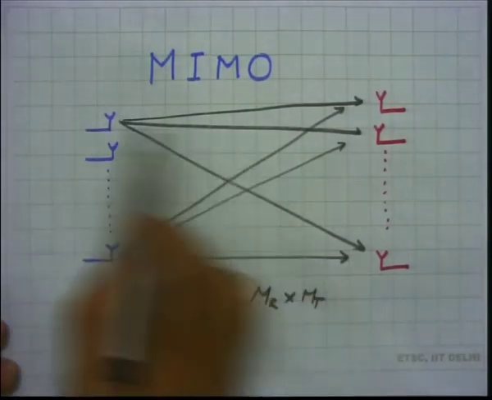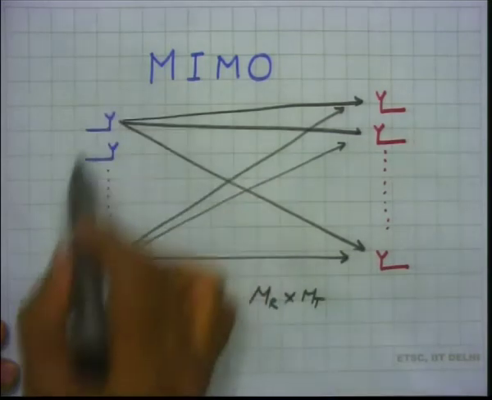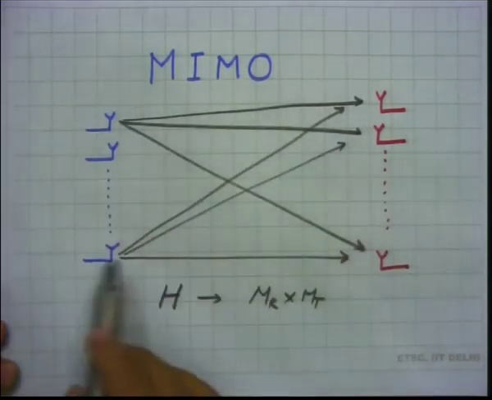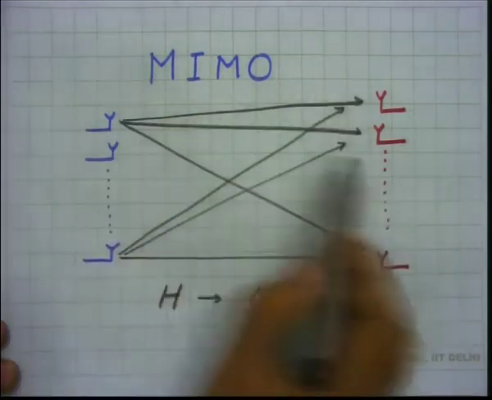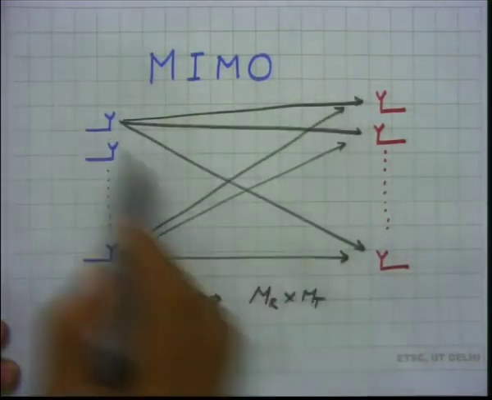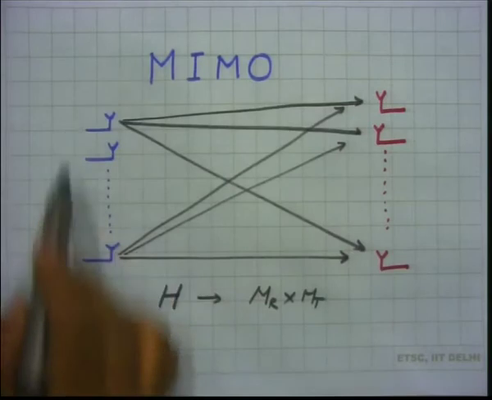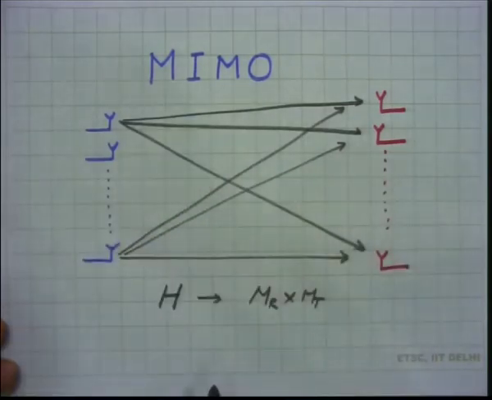Now, clearly we can have a much higher capacity just looking at it intuitively, because there are so many data pipes that I can possibly envisage in this MIMO system.